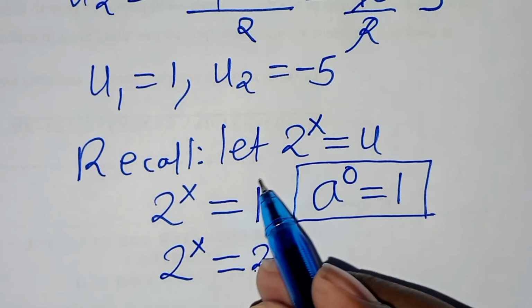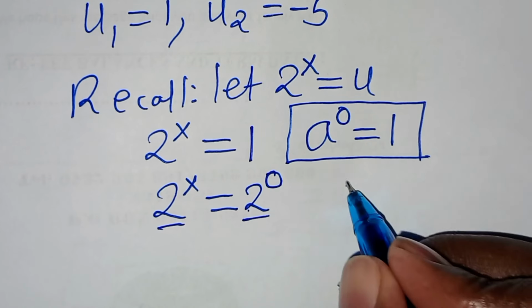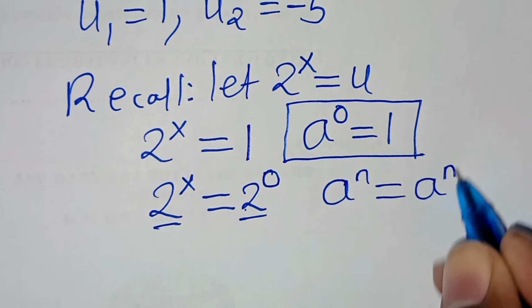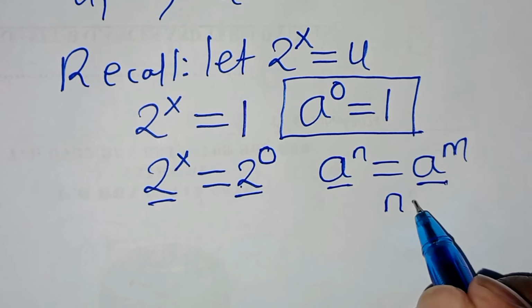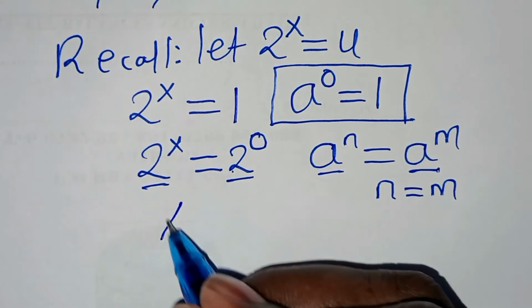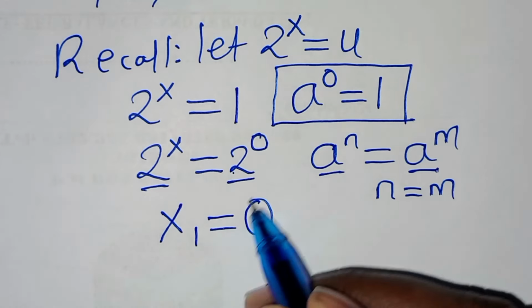Since the bases are common, a to the power of n equal to a to the power of m, then exponent n is equal to m. So we have the first value of x equal to 0. Let's say x is equal to 0.